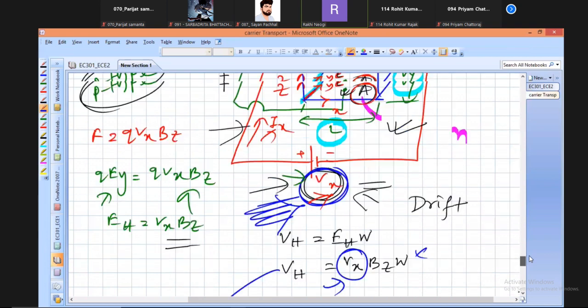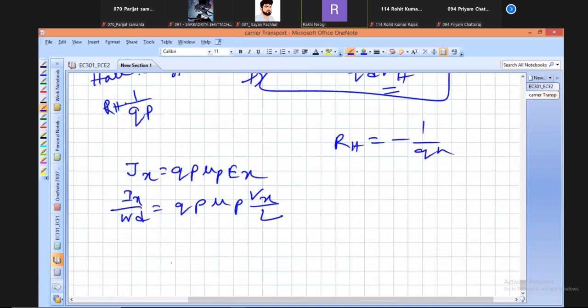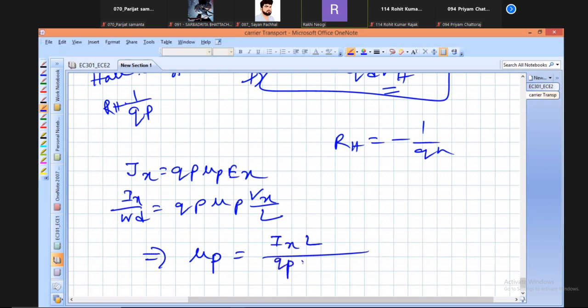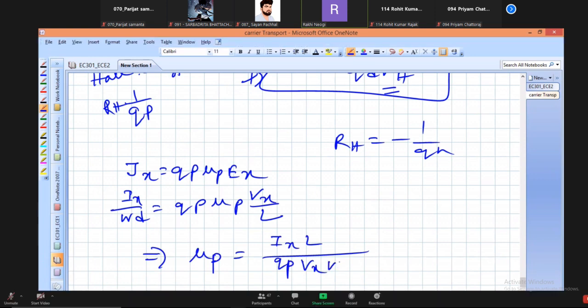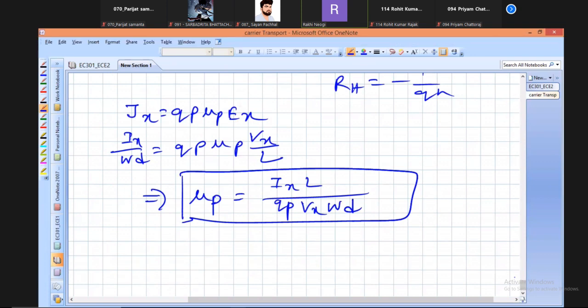Taken its structure, Ex is Vx by L. So from that equation, I will write mu is equal to Ix into L divided by Q P Vx into W D. See that in this expression, again, all measurable quantities are identified.